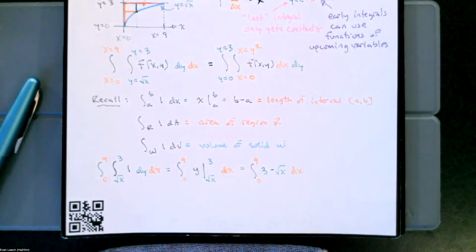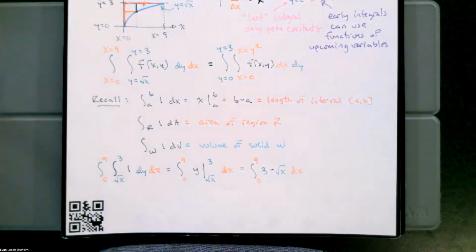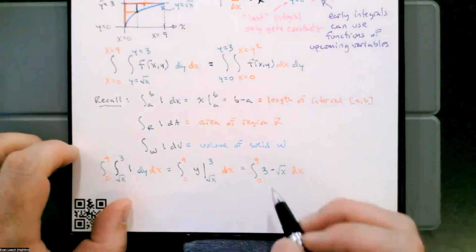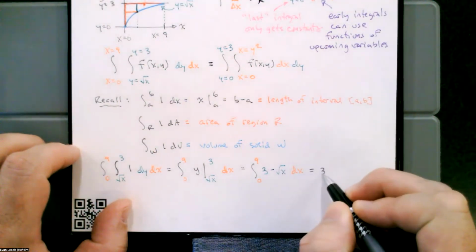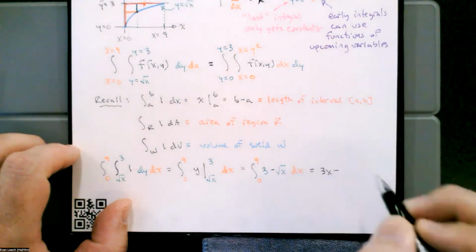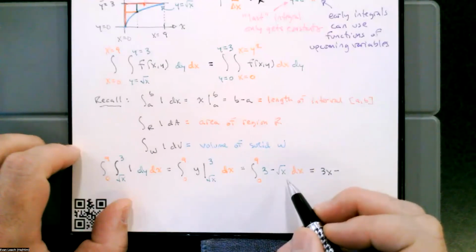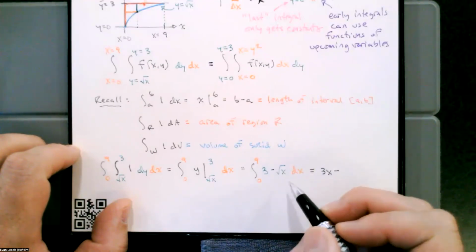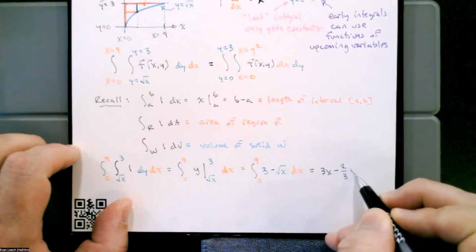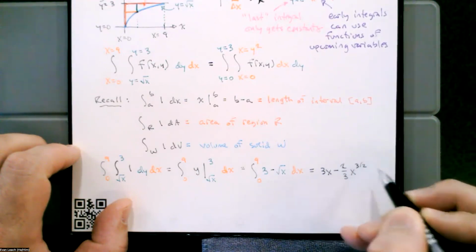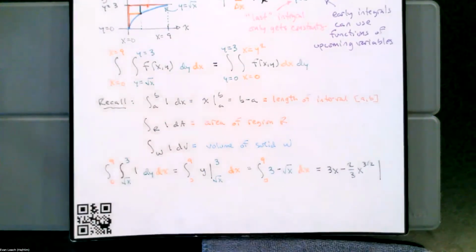Now we can integrate with respect to x and then evaluate from 0 to 9. The integral of 3 minus root x is going to be 3x minus, let's see, this is next to the 1/2, so that's going to be 3/2, so 2/3 x to the 3/2, evaluated from 0 to 9.